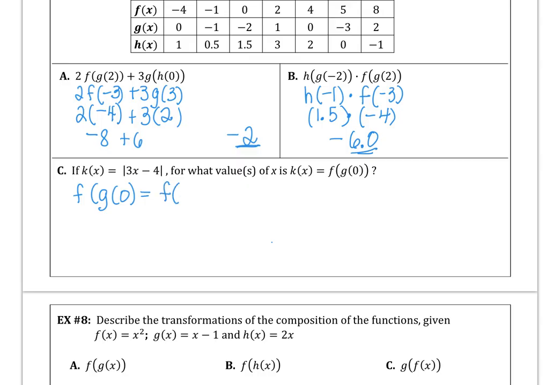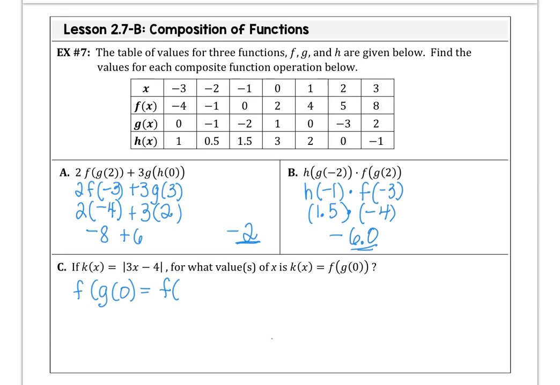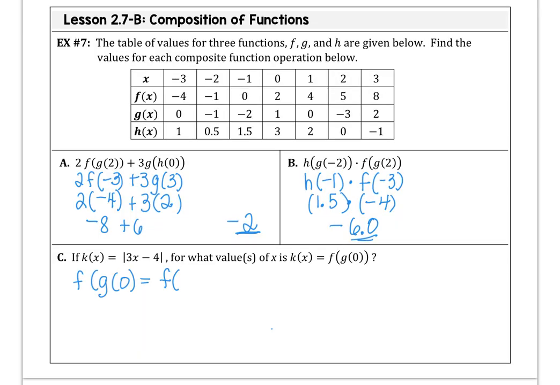Looking back at the table, the g of 0 is 1. So that has to be the f of 1. And what is the f of 1? That's 4.